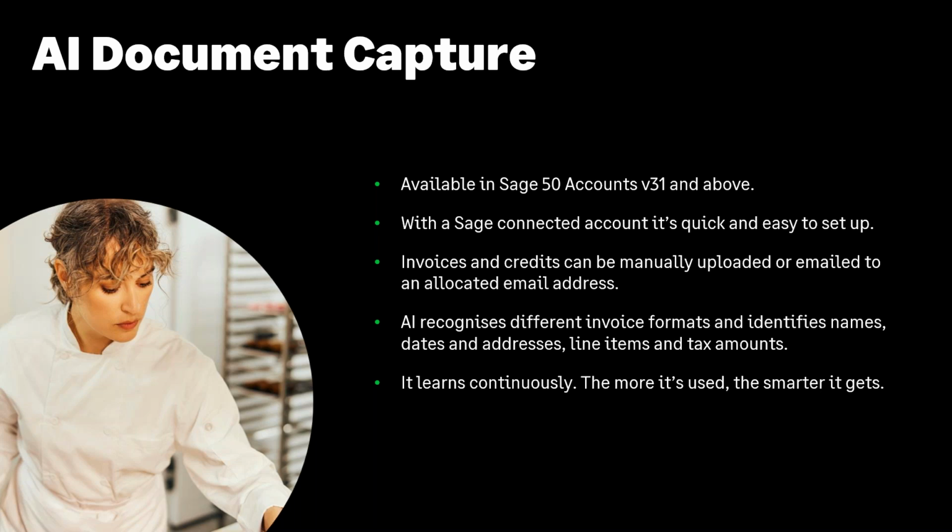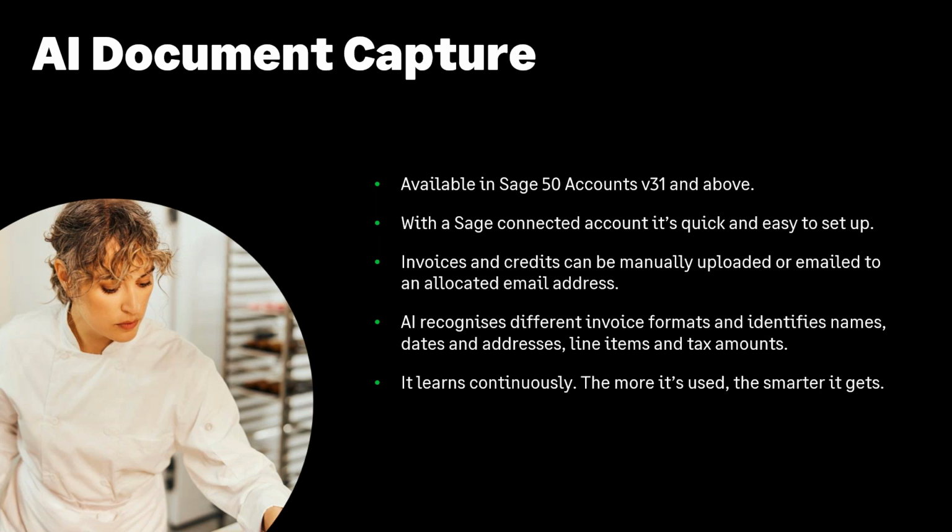When you receive it, you have the choice: do I just forward that email to a designated email address? I'll come on to that in a moment as well. Or do you get the supplier to send it directly to that email address? That email address will be automatically allocated to you, and you'll see that within the AI document capture area. You'll see that in my demo in just a moment.